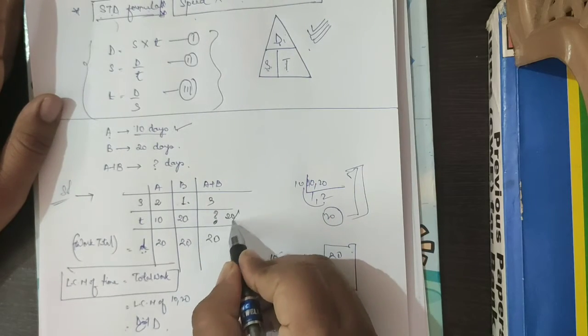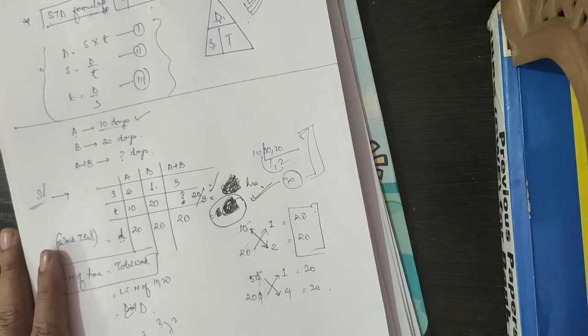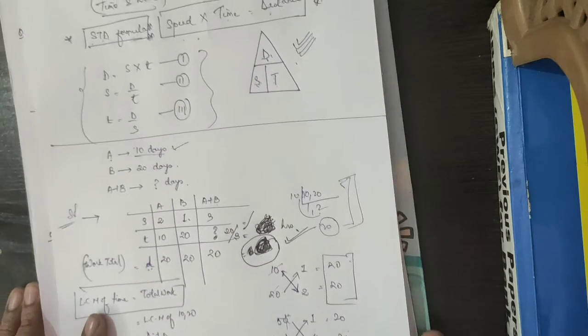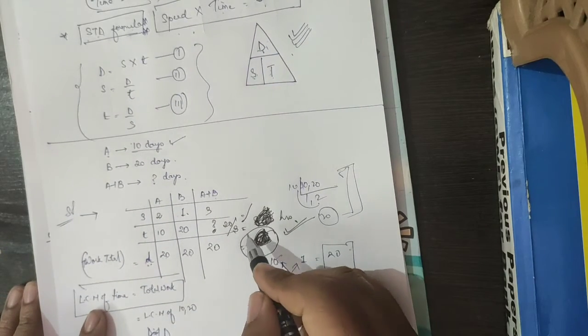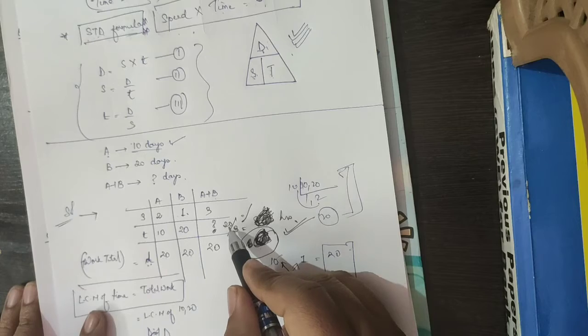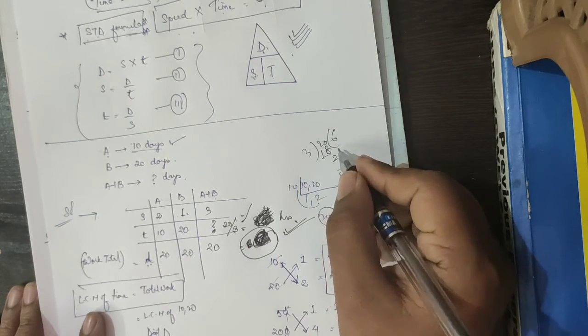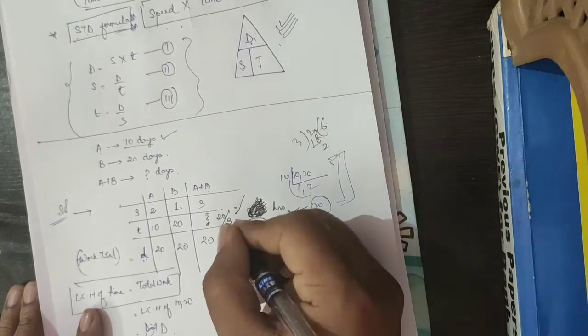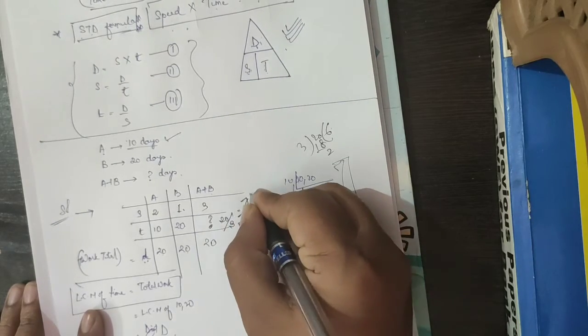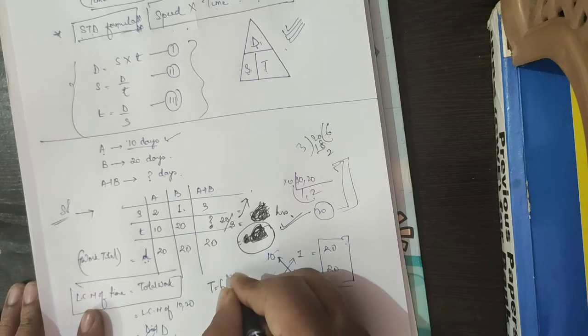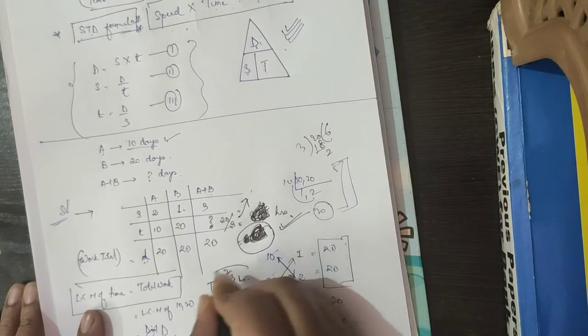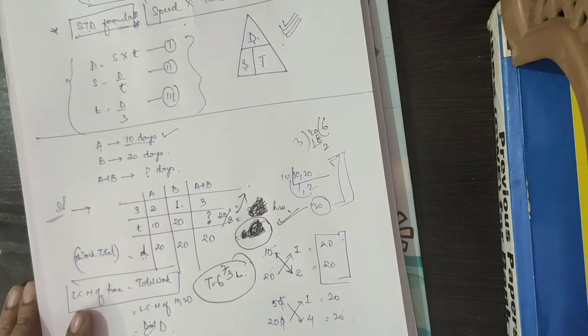Distance is 20, speed is 3. So 20 divided by 3 is 6 whole number 2 by 3. The time will be 6 and 2 by 3 hours. This is how we solve the problem.